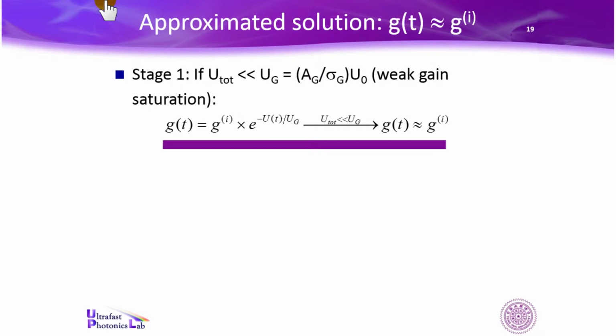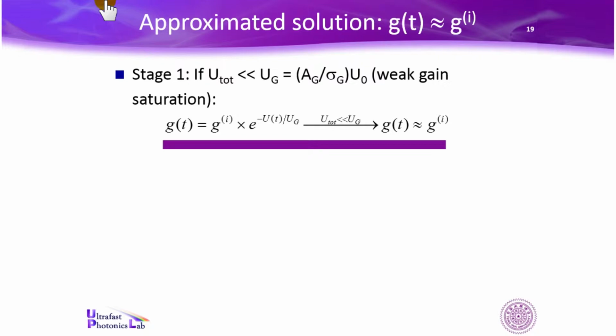Correct? Because U of t is always less than total pulse energy. So this must be a very small number, much smaller than 1. Then you can use zeroth order Taylor series approximation. It's close to e to the 0, which is constant 1. So you got g of t is close to g super I, the initial gain.